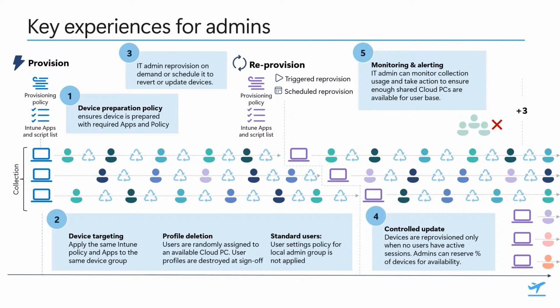You can manage them via Windows updates, but in many cases, what we've heard from customers is that for specific scenarios, they need to roll out an update across their entire collection of machines to ensure that they're all consistent and that no users are impacted during the rollout. That's where we have created a controlled update mechanism that allows you to reprovision automatically all of the devices or a percentage of them, depending on how you would like to create the update.